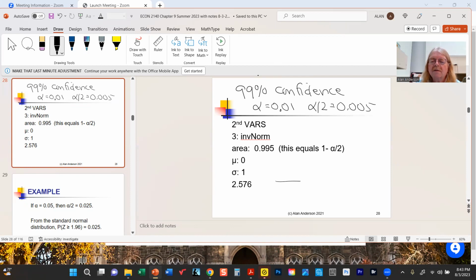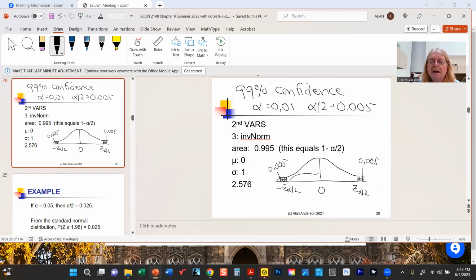Okay, so in other words, here's what we're looking at. So we need a total of 1% split up between the two tails, 0.005, 0.005, leaving 99% in the middle.